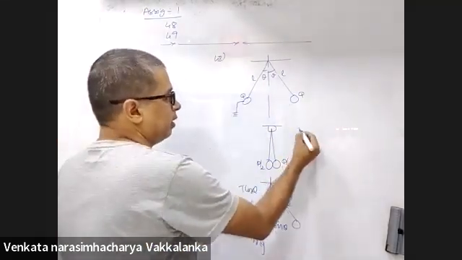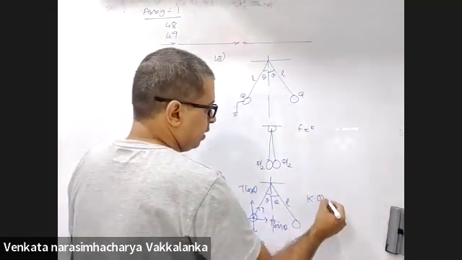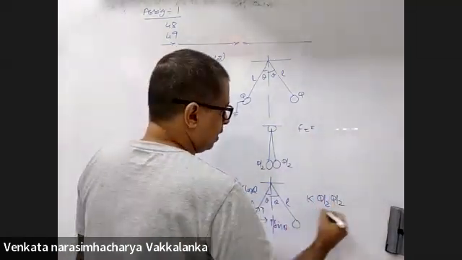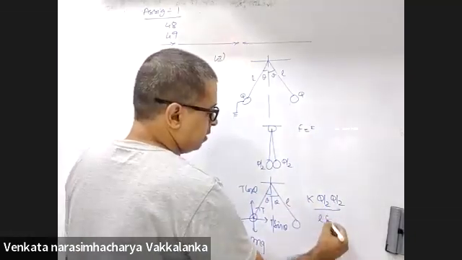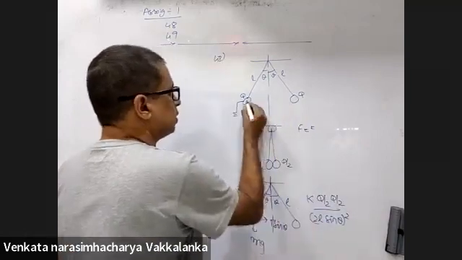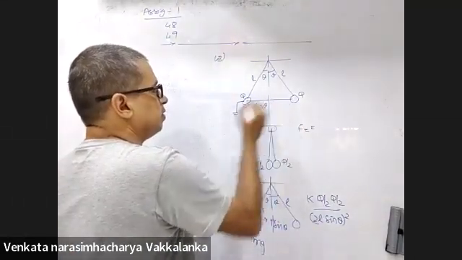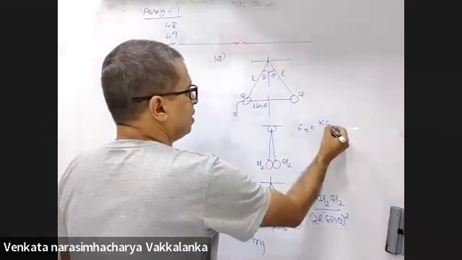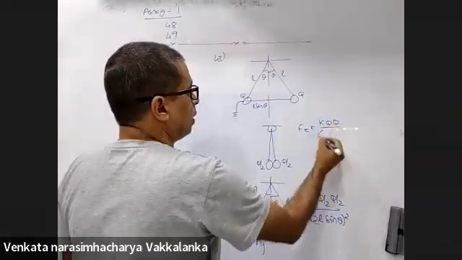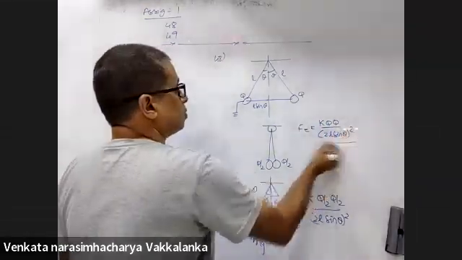Fe will be K times Q by 2 divided by the separation 2L sin theta, whole square. Here it will be L sin theta, so Fe will be K times Q by 2 over 2L sin theta, whole square.